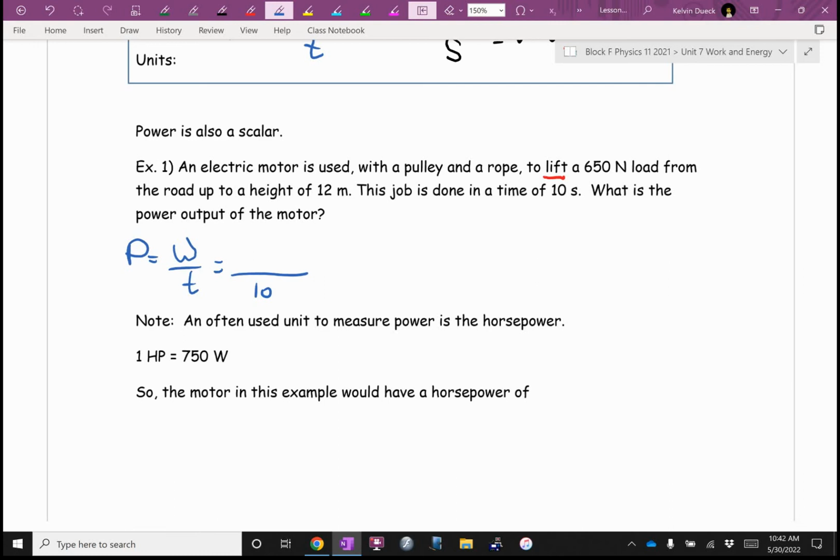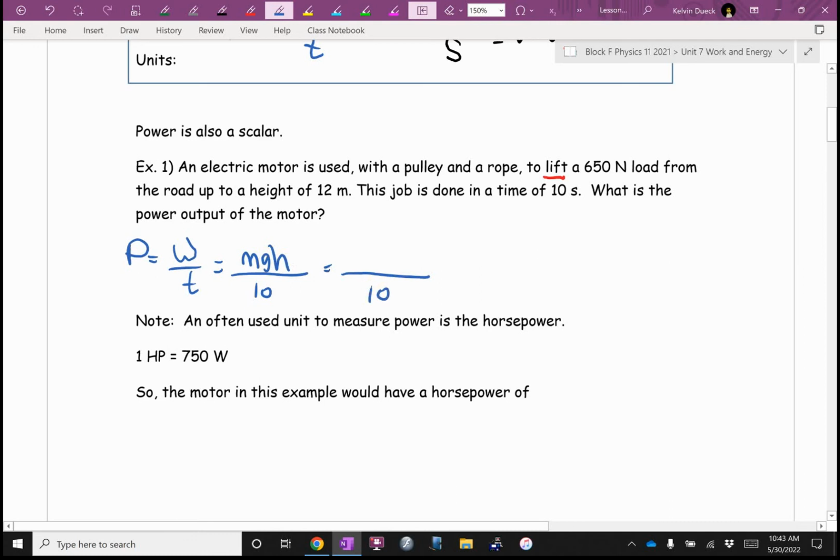The work done in lifting. Who remembers what was the work done in lifting? We derived a special sub-equation for force times distance for the work done by lifting. We may have added it to our green sheet. MGH. Okay? So I'm going to write MGH over 12.